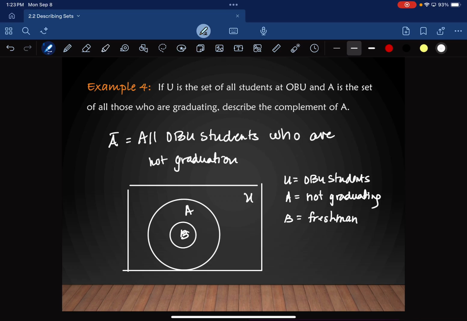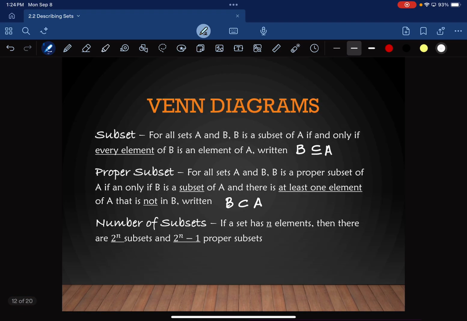Technically, it'd be a subset, because everything in the freshman circle is also in the circle of people not graduating, but they're just descriptions that mean the same thing. So that's a possibility for subsets. It's not a possibility for proper subsets. Proper subsets means that it really is a smaller thing, a category inside of something a little bit bigger. You cannot have the equals, and therefore you don't see the equal notation underneath it.